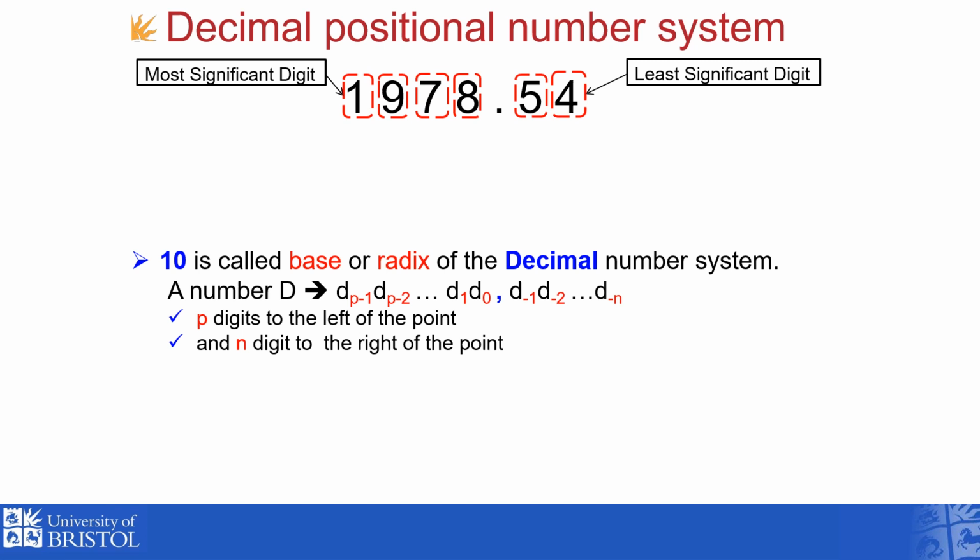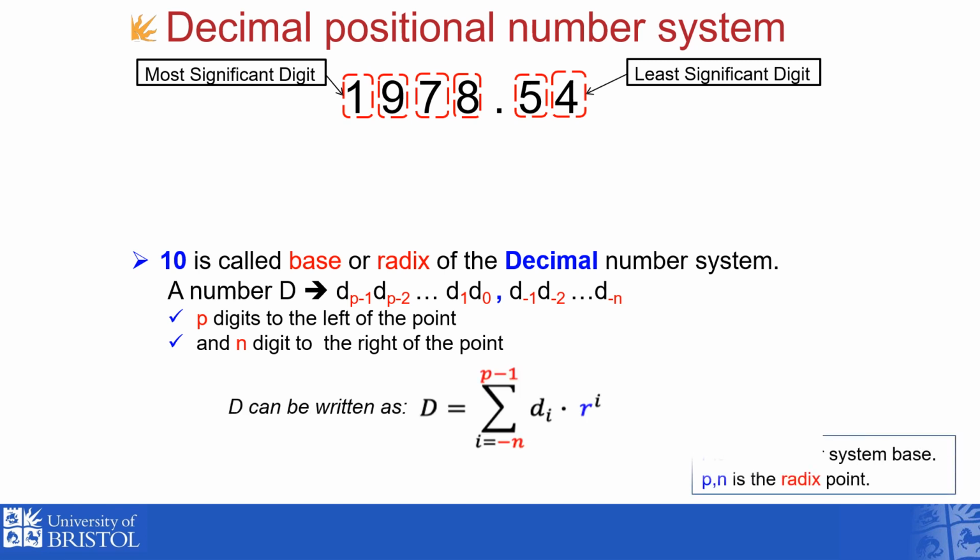Now, also notice that regarding the fractional part, we start counting from left to right from position -1 to position -2 up until position -n. So remember that we got p digits to the left of the point and n digits to the right of the point. So d can be written as this sum over here. What we call the radix, r, is placed here.